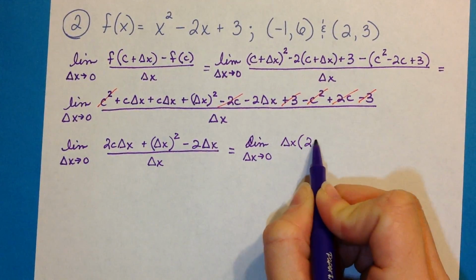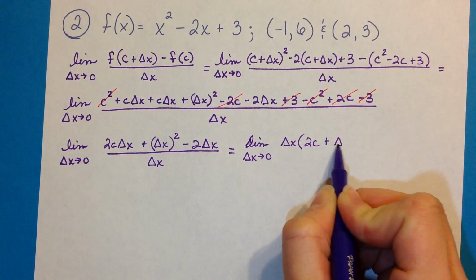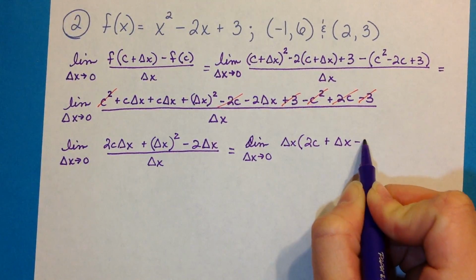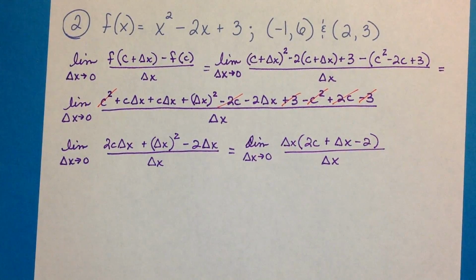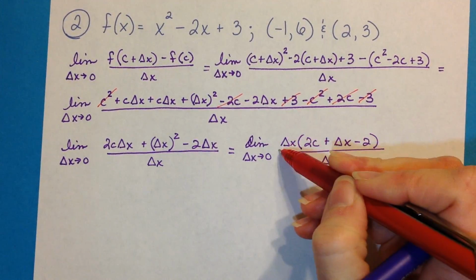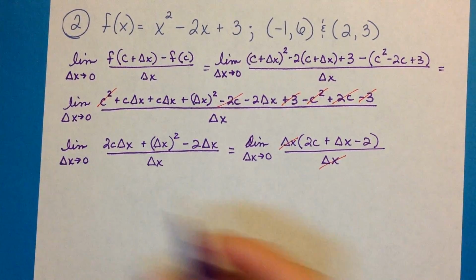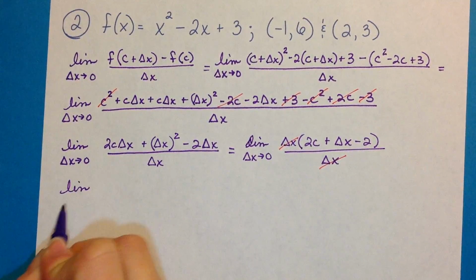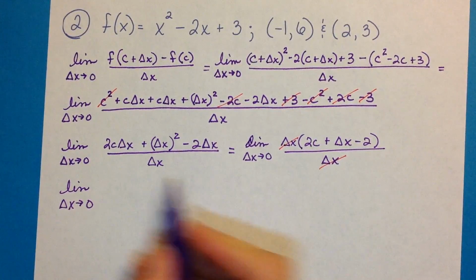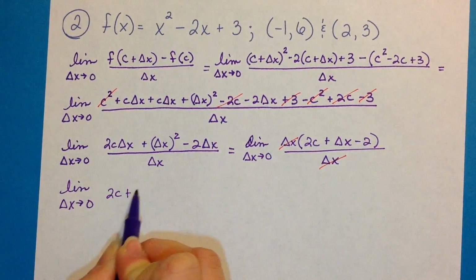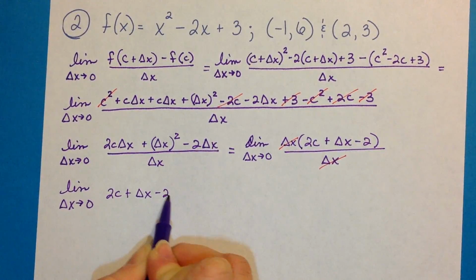So I will have 2c plus delta x minus 2. Okay, so now my delta x's are going to cancel out. So I'm left with 2c plus delta x minus 2.